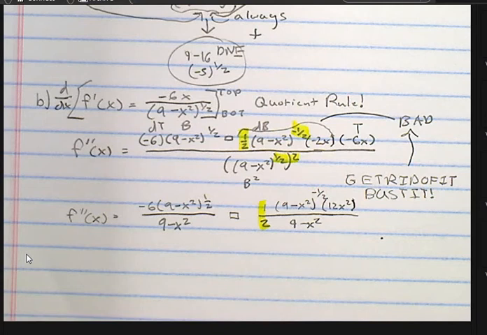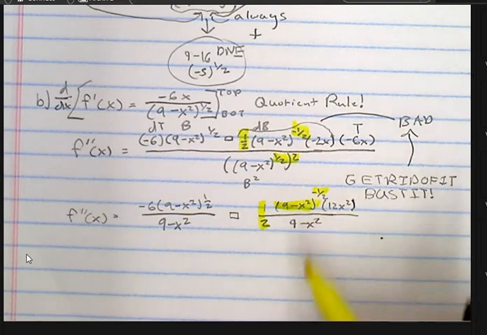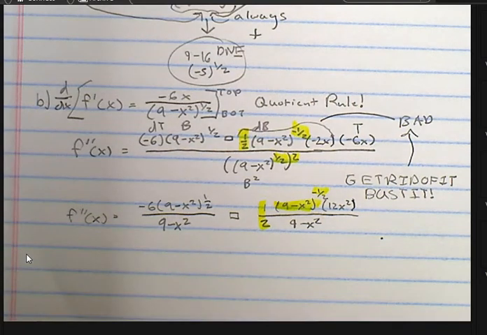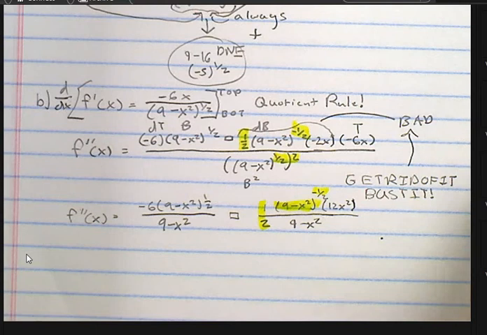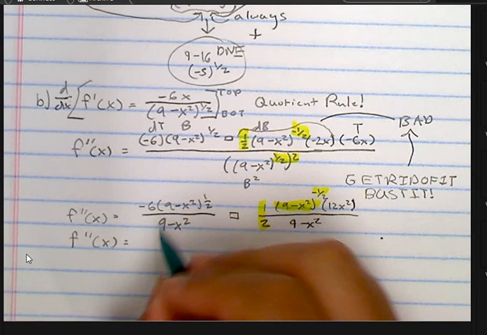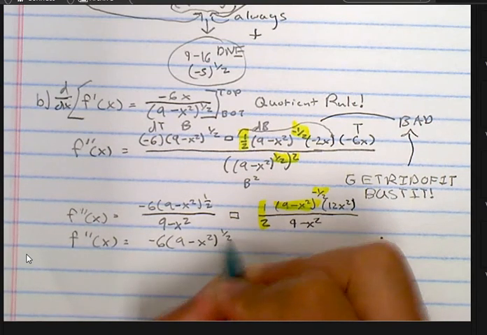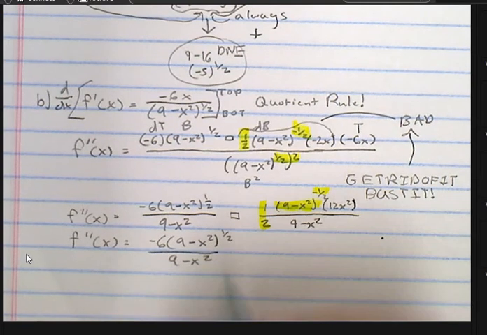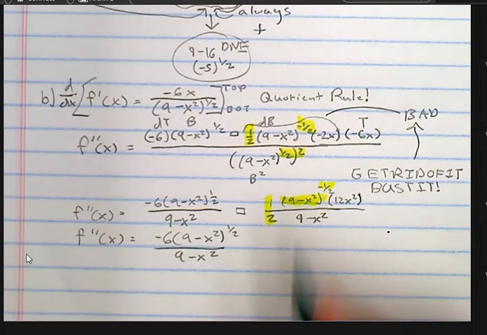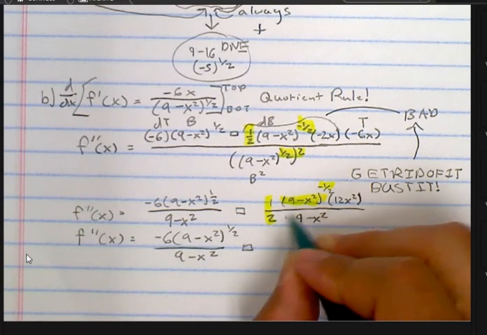Now we can flip it because it's a factor. Now that it's a factor, we can flip it. And that's in parentheses, I apologize.